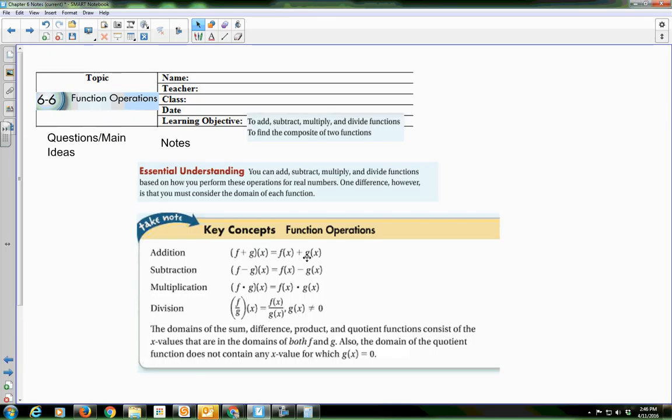Also put in there that a composite function is two functions put together, and that you can combine functions as long as you keep track of the domain. And that's it. Thank you.